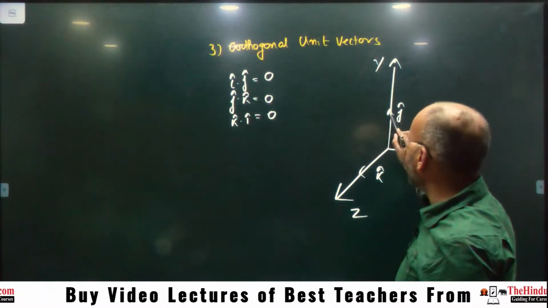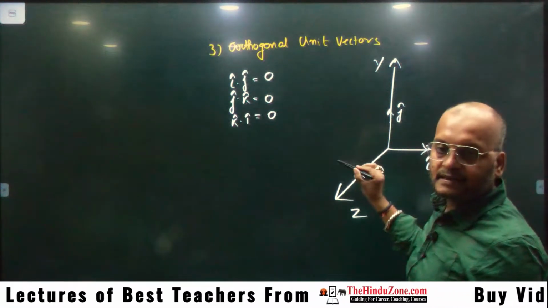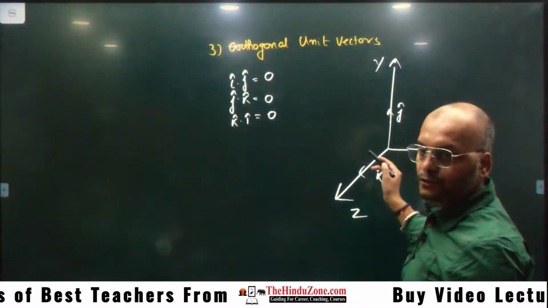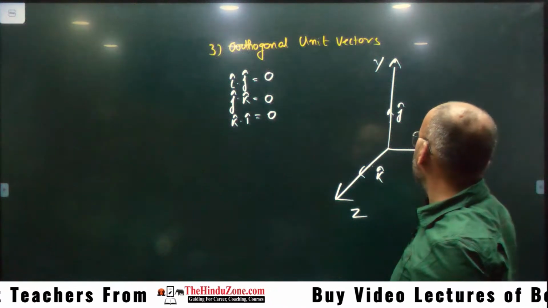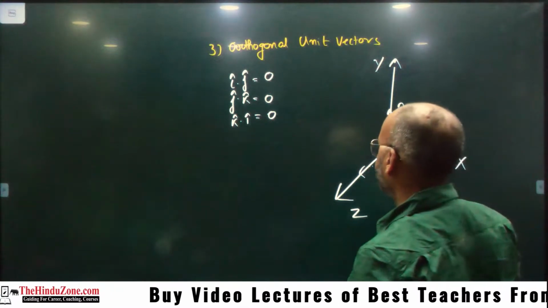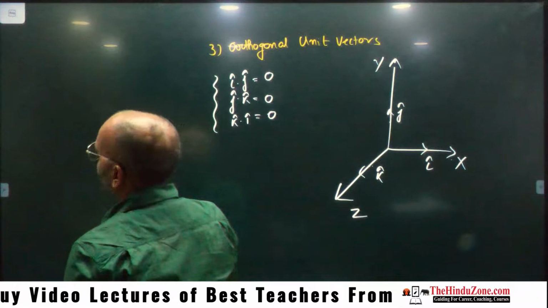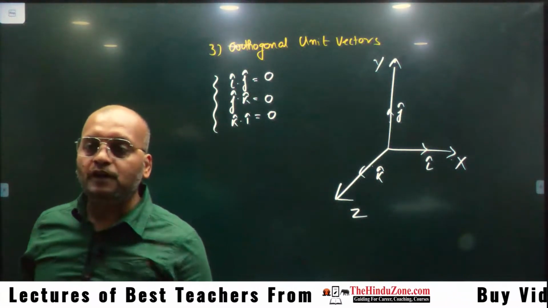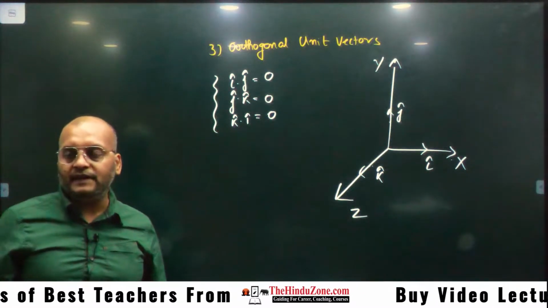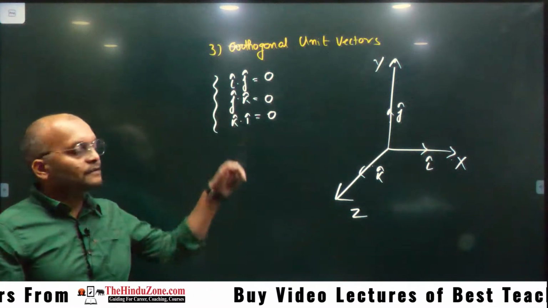Similarly, if you multiply j cap and k cap, again the angle between y and z axis is 90 degrees, so it will come out to be 0. If you multiply z axis and x axis, again the angle is 90, so it will come out to 0. So whenever you take the dot product of different orthogonal unit vectors, that is i, j, k, the answer will be 0.